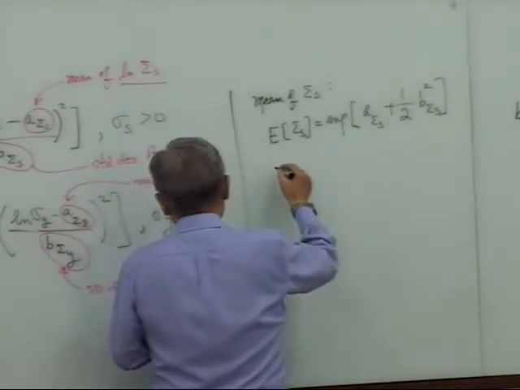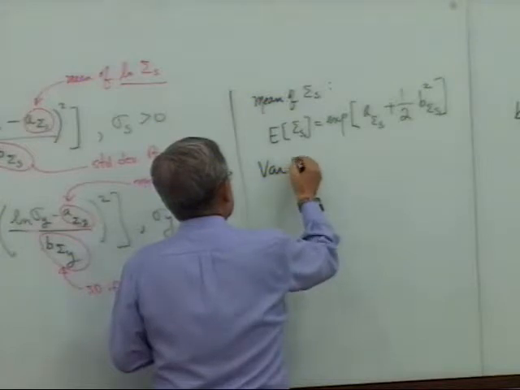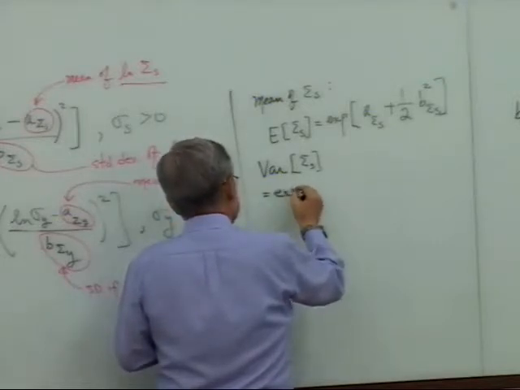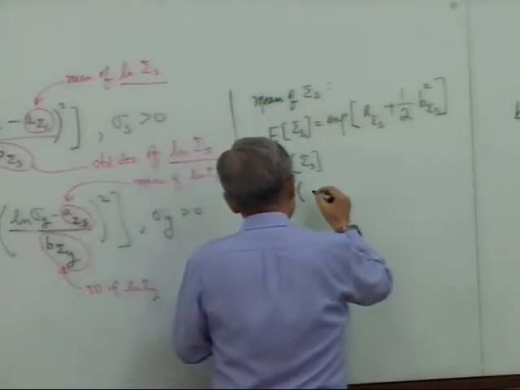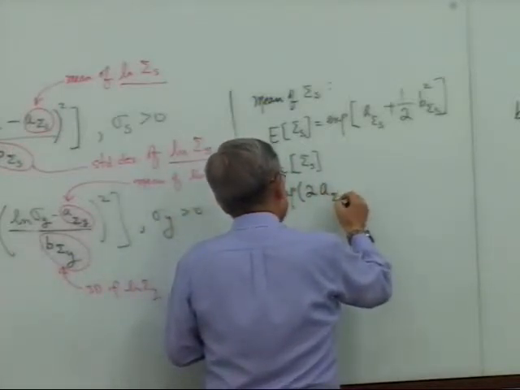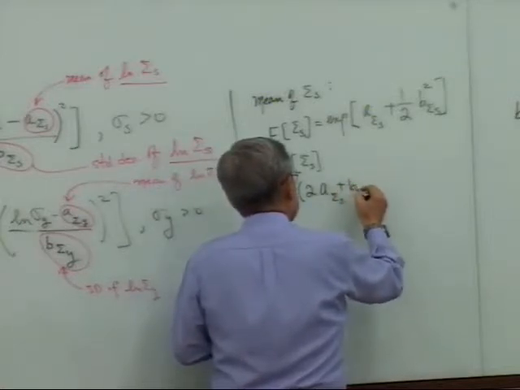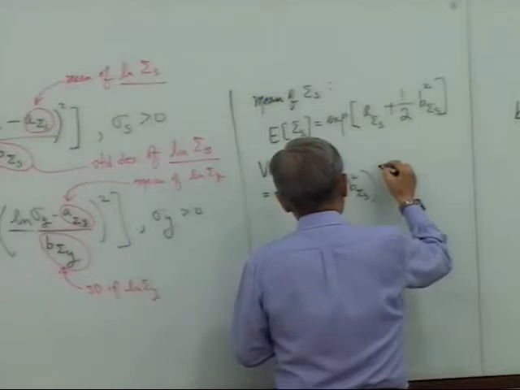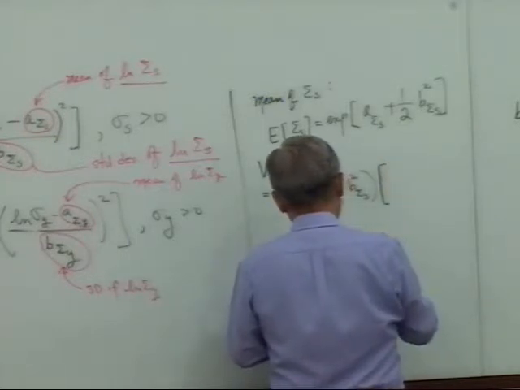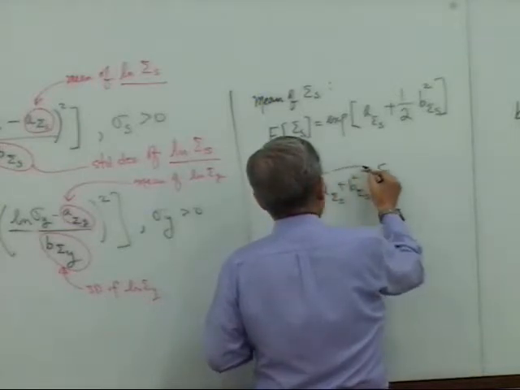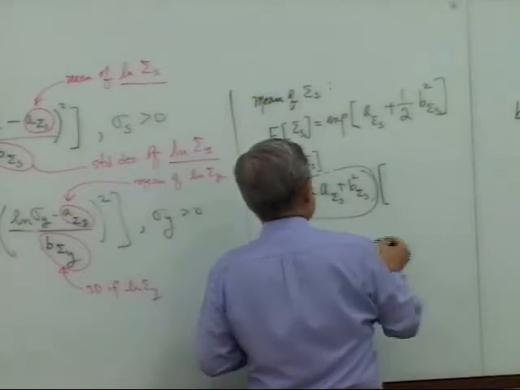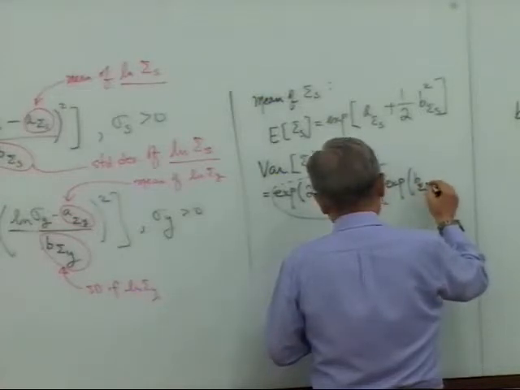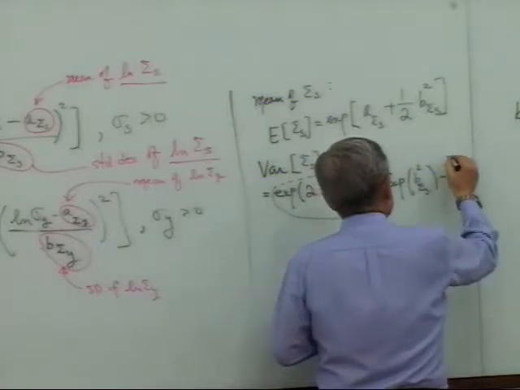The variance of sigma s is equal to an exponential function, exponential of A sigma s plus B sigma s squared, times exponential of B sigma s squared minus 1.